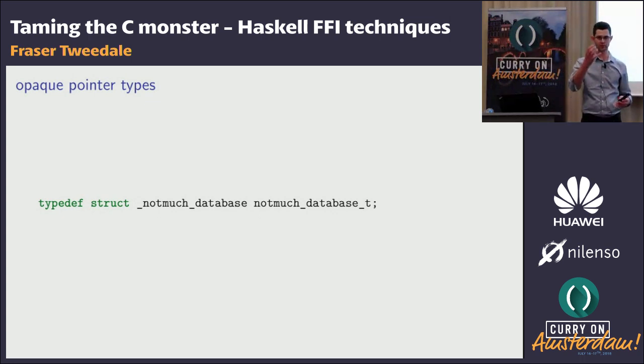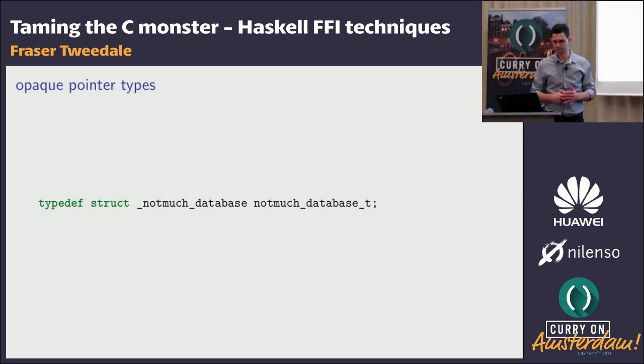But the structure of the data held in that region of memory to which the pointer points is not visible to the library user. So we call that an opaque pointer.